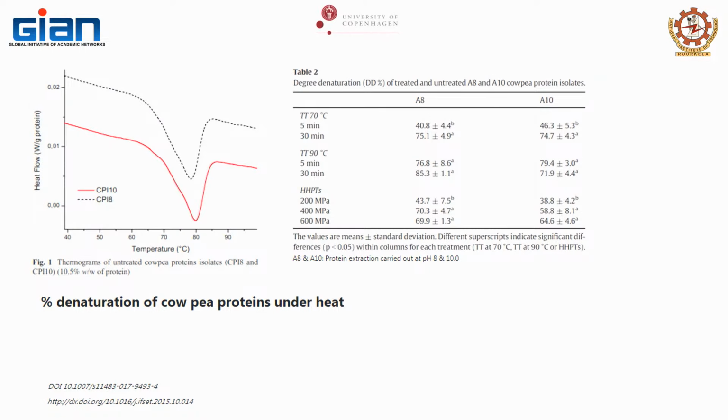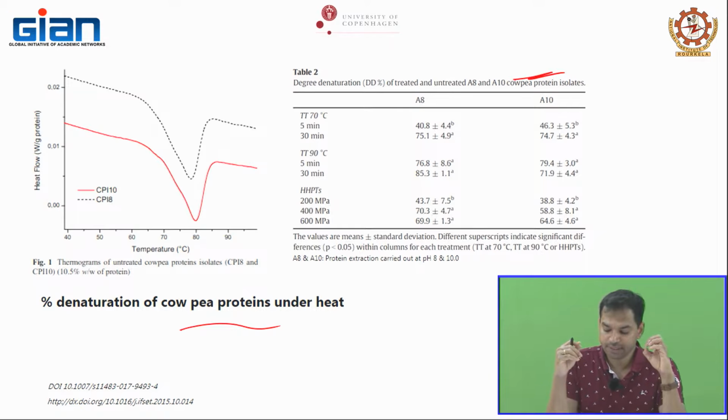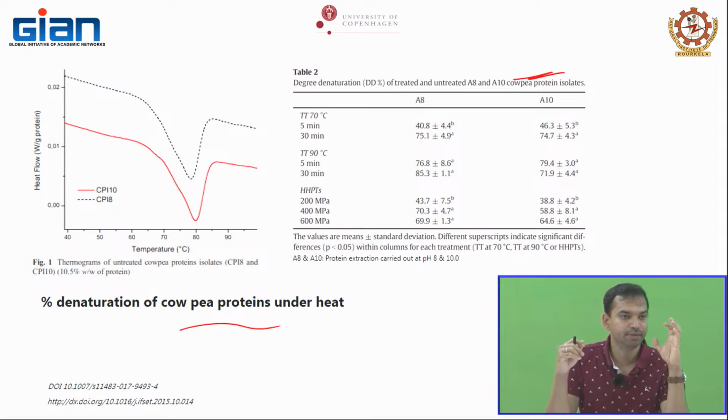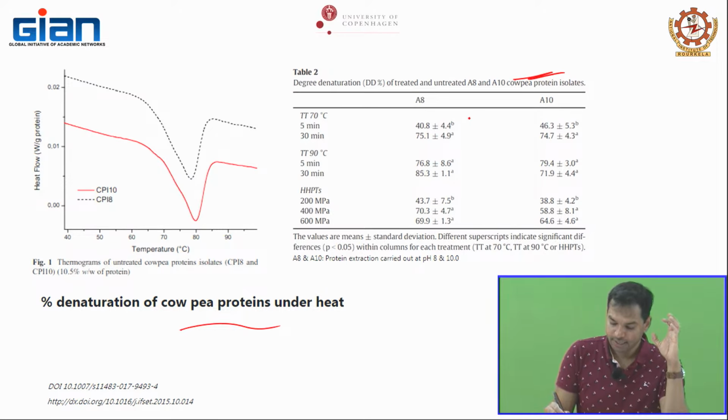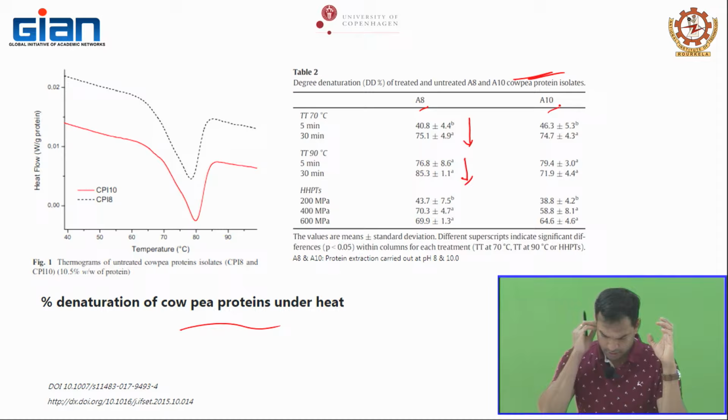Now, just to show this table here, these guys took, I think, pea proteins here and cowpea proteins. What these guys are trying to see is to what percentage protein denatures with respect to heat treatment. You can see that increasing heat treatment increases the percentage of denaturation. I think the A8 and A10 was pH, if I am not wrong.